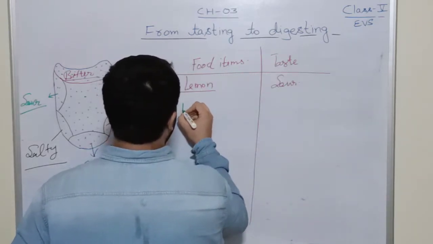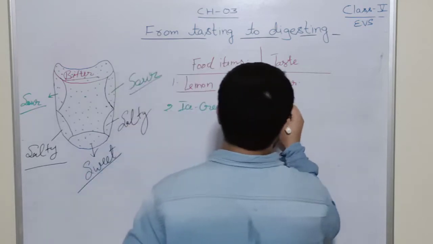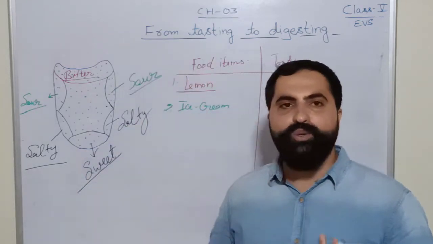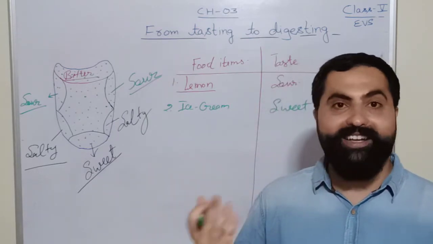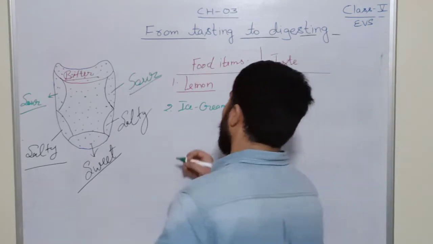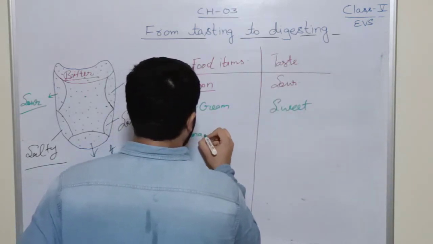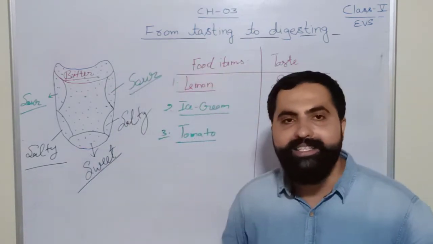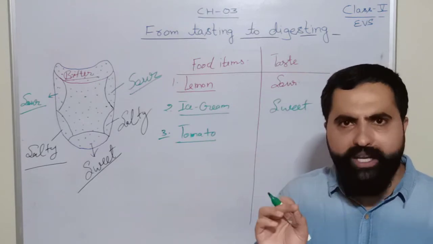So for ice cream, the taste is sweet. On the next food item, we use tomato in every vegetable, right? So the third one is tomato. Is the tomato taste salty?